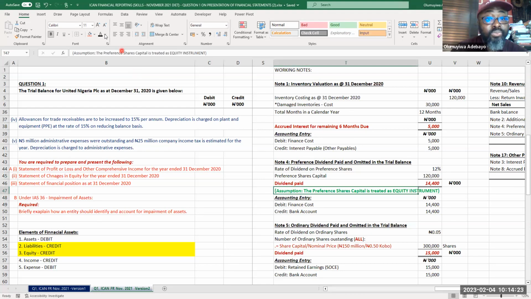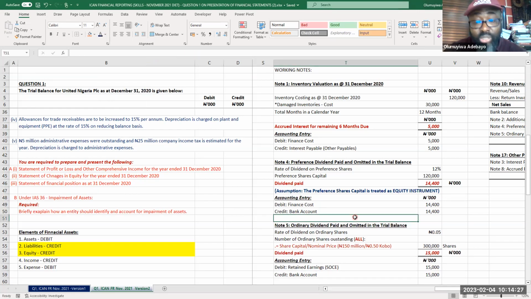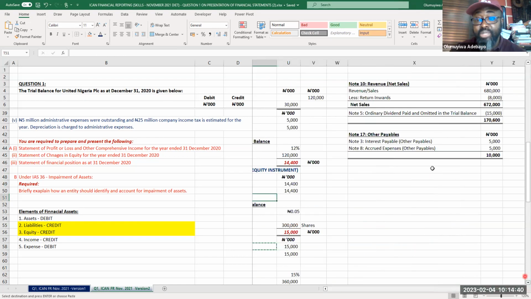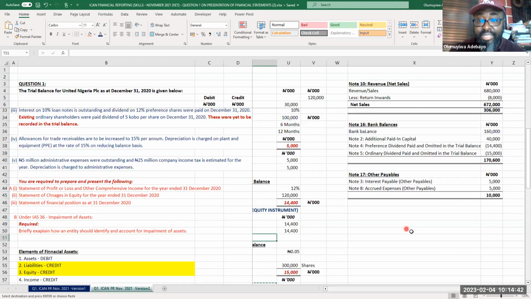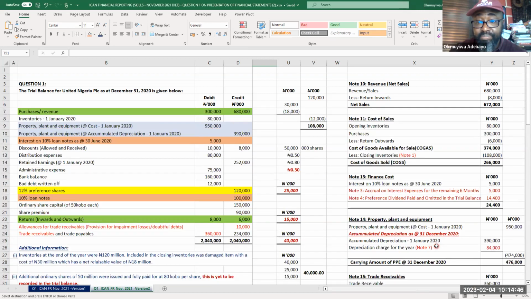Let me put it in blue. Okay. Now, what would that be? Instead of treating it as finance cost, I'll treat it the same way I treated this, as a return, which means it is a deduction. In that case, I'm not going to treat it as finance cost. Where did we have our finance cost earlier?